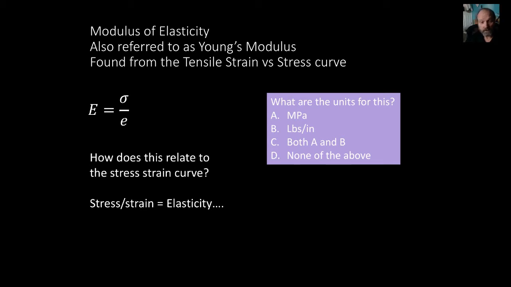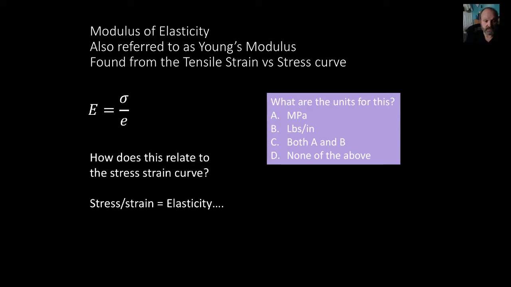Okay, so the units are going to be the same as they are for stress. It's a pressure unit, and that's megapascals. Pounds per inch, no. That's work done. So the correct answer would be megapascals.